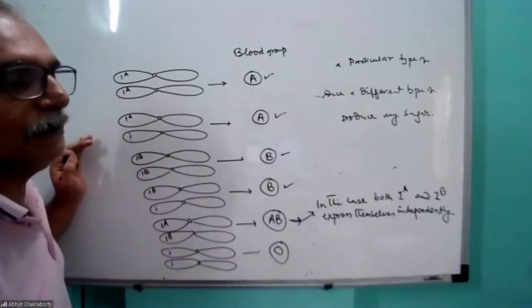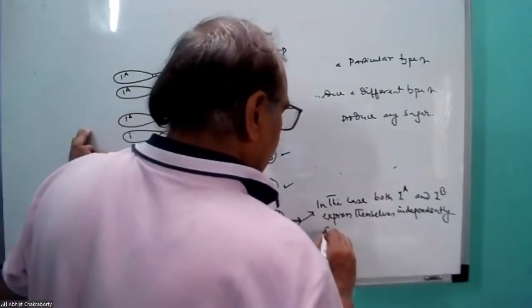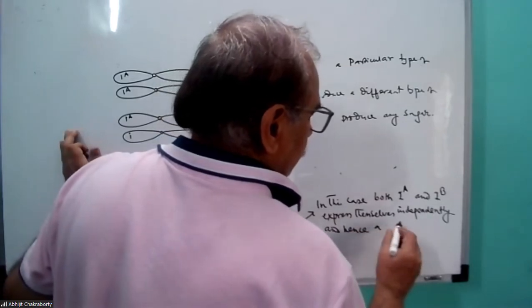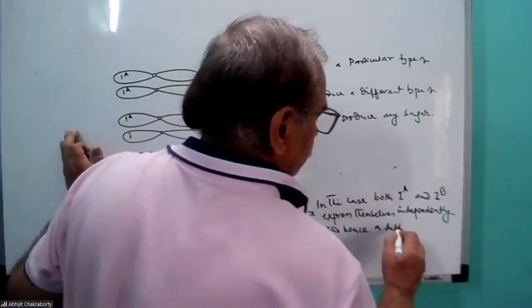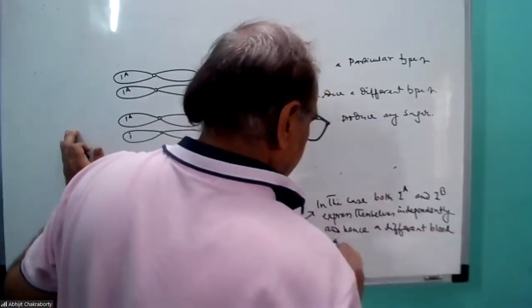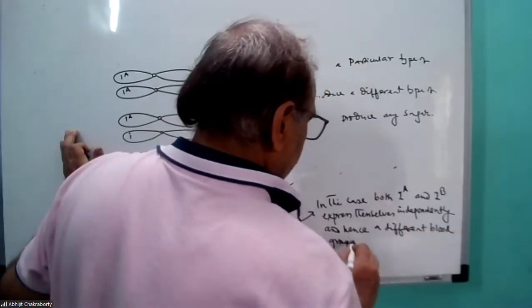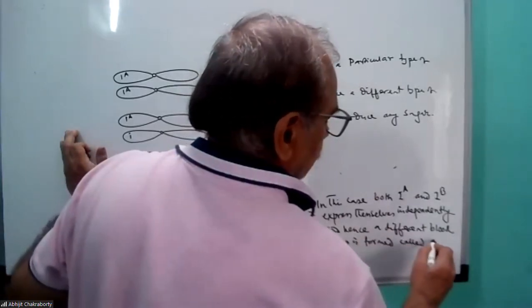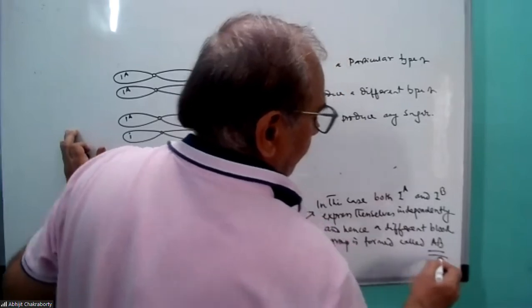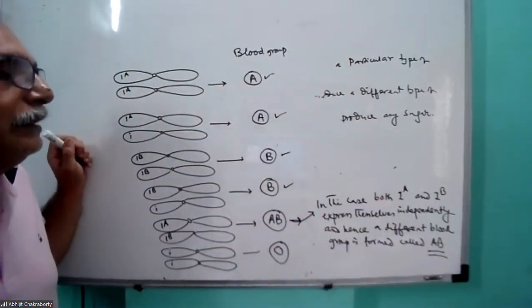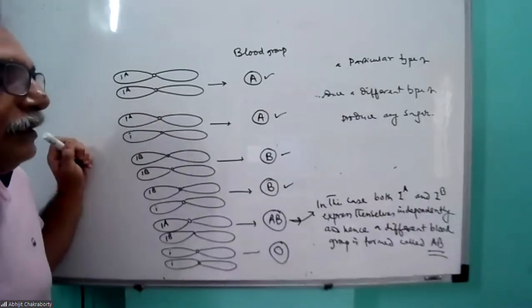IA and IB express themselves independently, and hence a different blood group is formed, called AB.